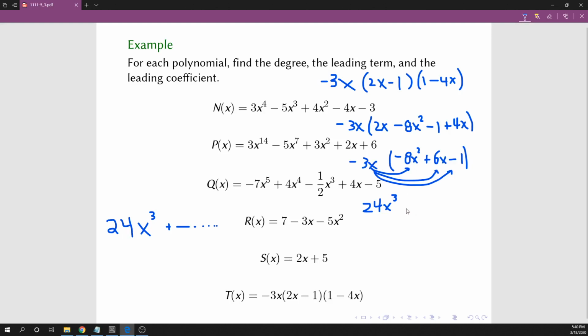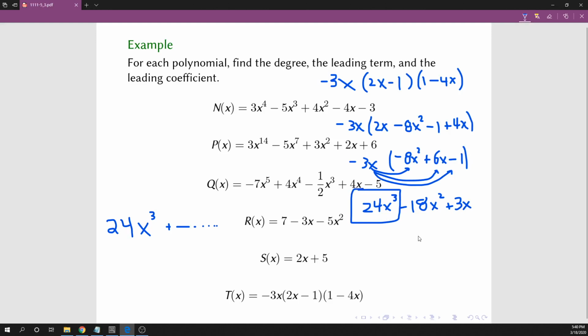And then minus 18x squared, and negative 3x times negative 1 is positive 3x. All right, and so you can see I was right about the leading coefficient.